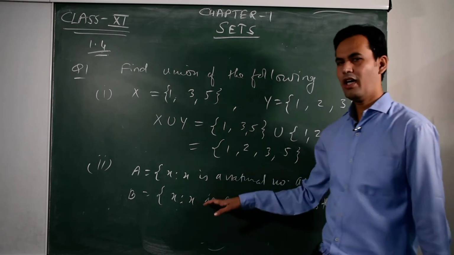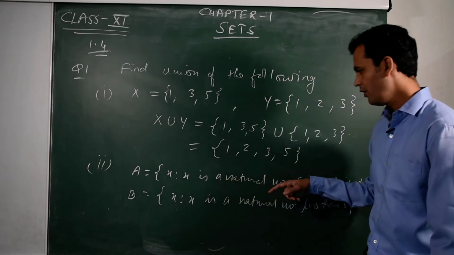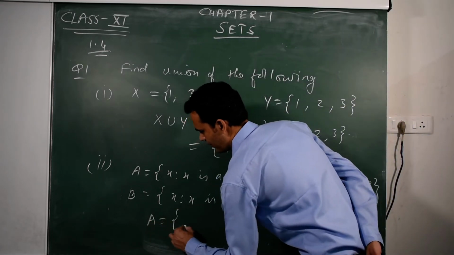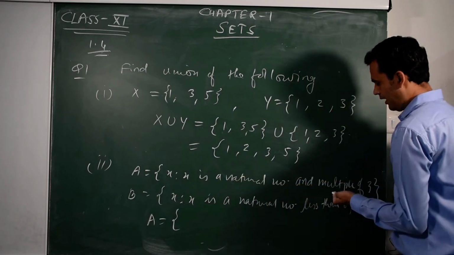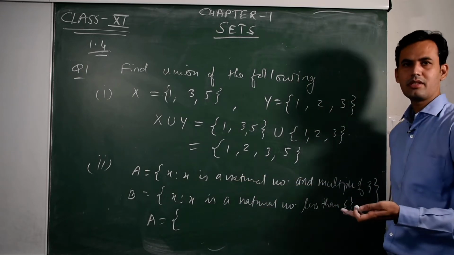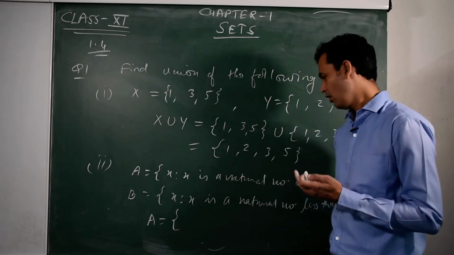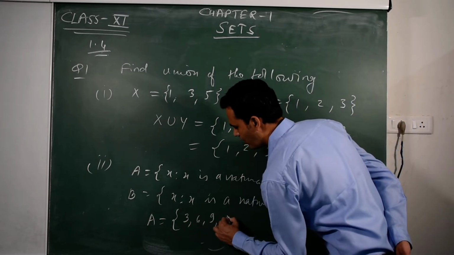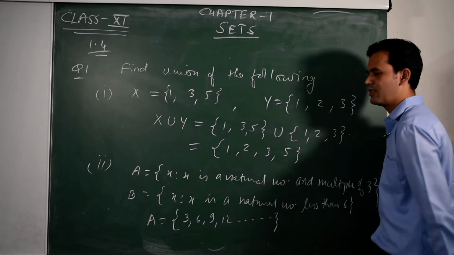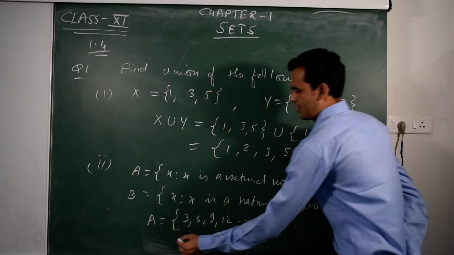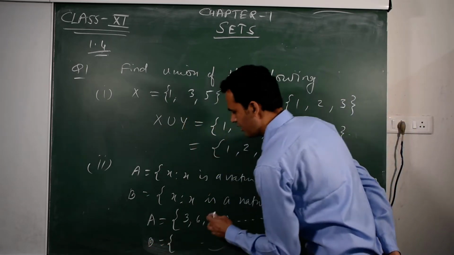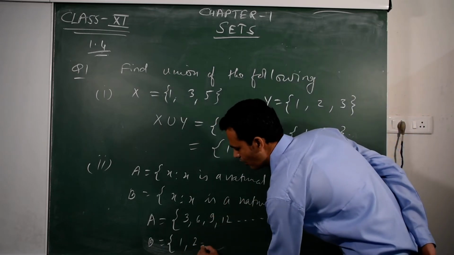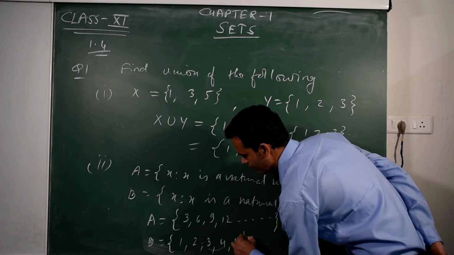Okay, these 2 are in set builder form, so we first change into roster form. Set A, natural numbers starting from 1 and all the multiples of 3. It means 3, 6, 9, 12, and so on. This is the set A, and set B is the set of natural numbers less than 6, so 1, 2, 3, 4, 5.